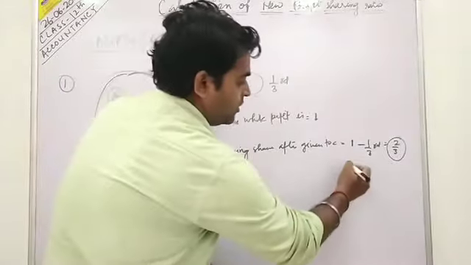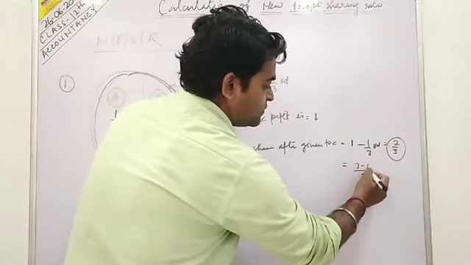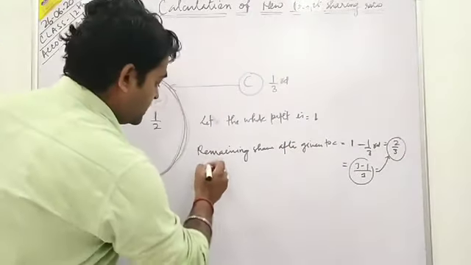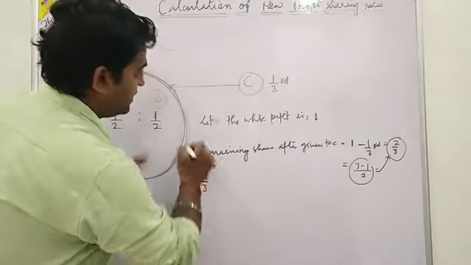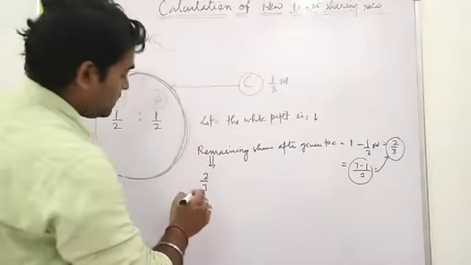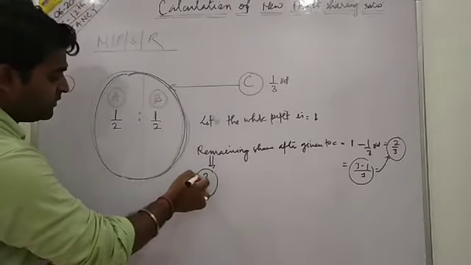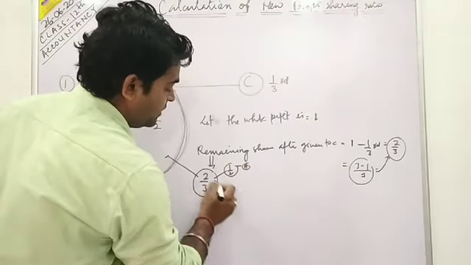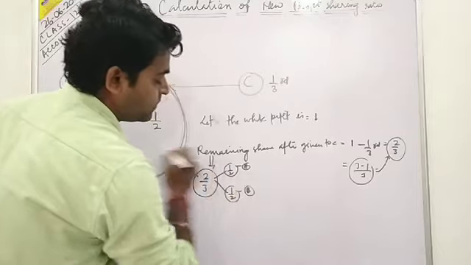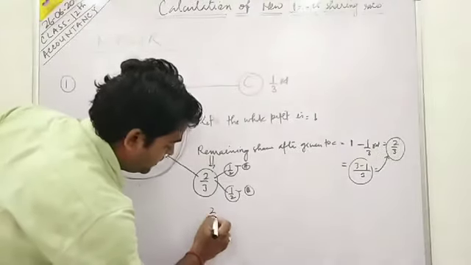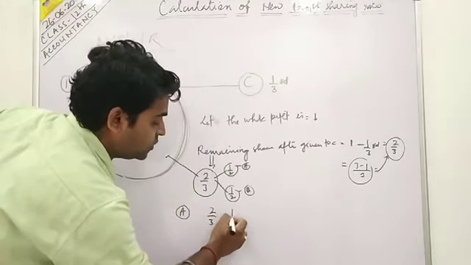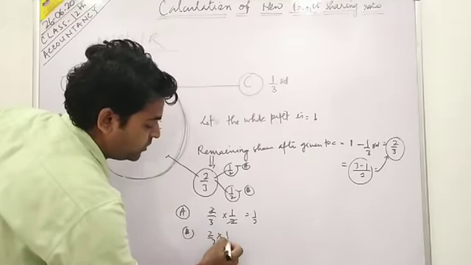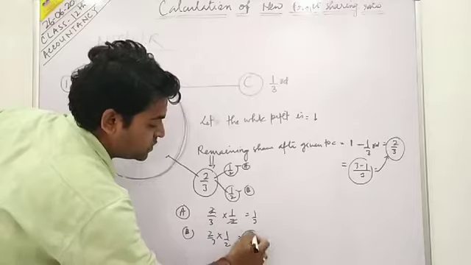Taking 3 as the LCM, 3 minus 1 gives 2/3. This remaining share is distributed 1:1, meaning 1/2 to A and 1/2 to B. A's share is 2/3 into 1/2, which is 1/3. B's share is also 2/3 into 1/2, which is 1/3.